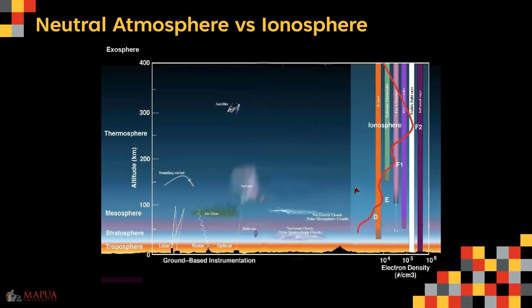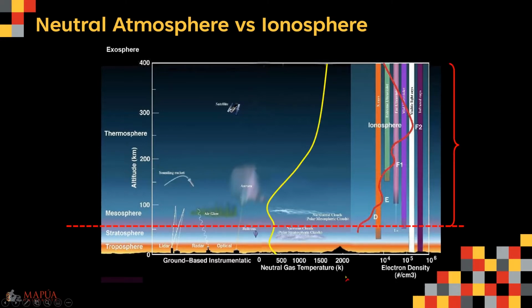Now, comparing this to the neutral atmosphere, the neutral atmosphere is defined by the temperature gradient. Based on the temperature changes, we can define the following layers. You have your troposphere, described by a decreasing neutral gas temperature.